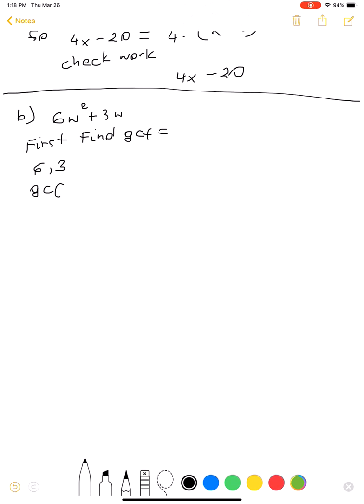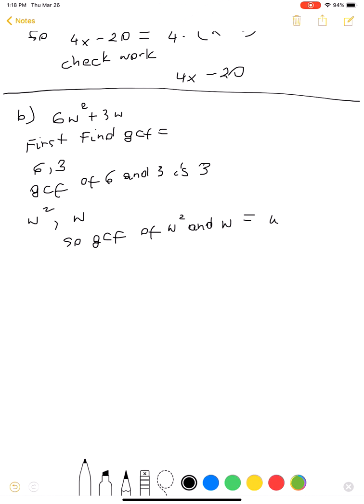GCF of 6 and 3 is 3. Then you have w squared and w. So GCF of w squared and w, it's always the expression to the lowest exponent, which is w. So the final GCF of 6w squared plus 3w is just 3w.